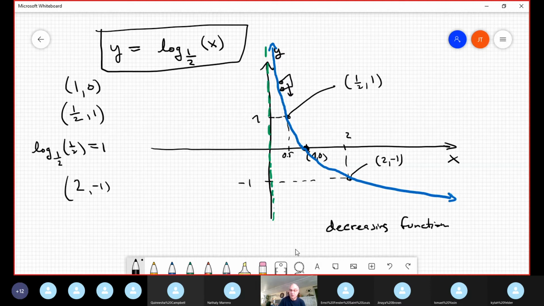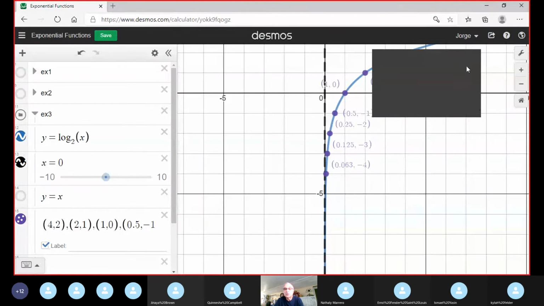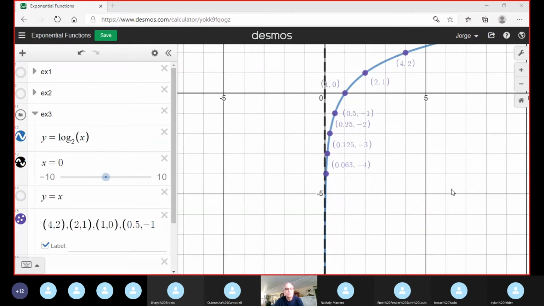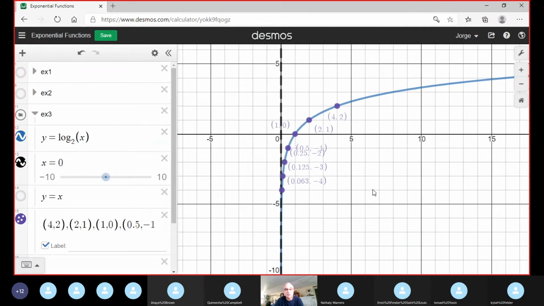Just in case, to make it clearer, let's move on to this one to see exactly this example. Do you see this one now? This was the previous example, the clear case when the base is greater than 1.